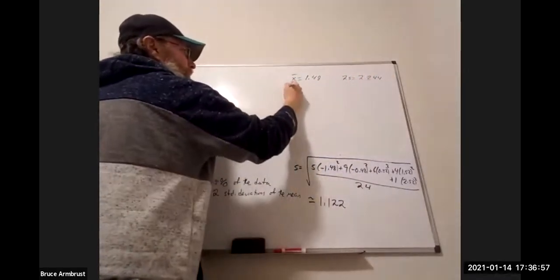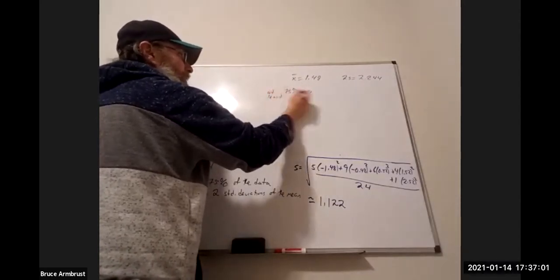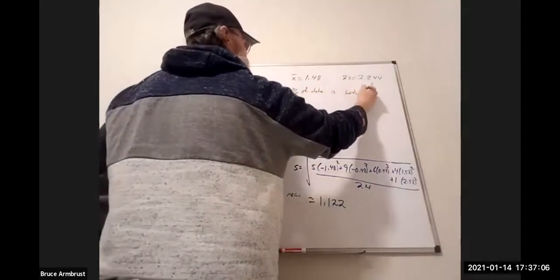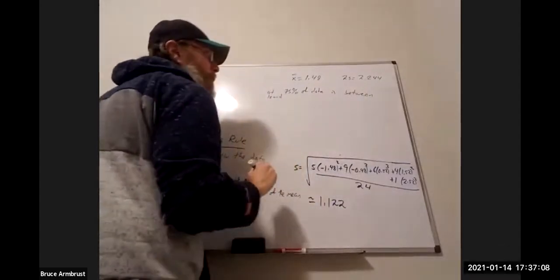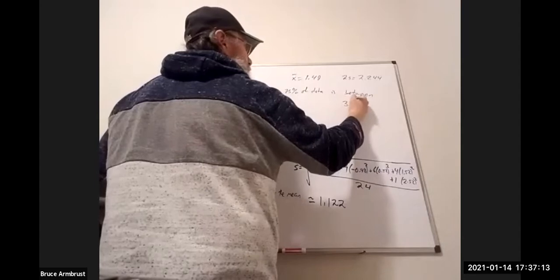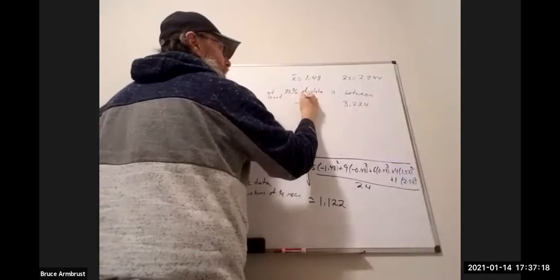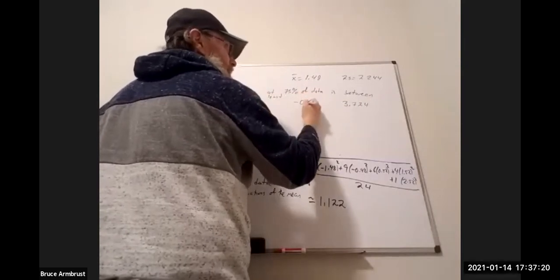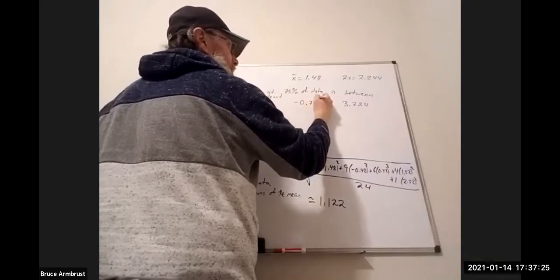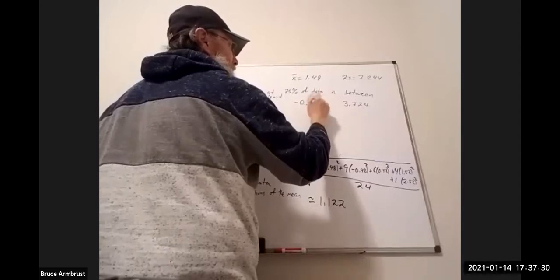So I know at least 75% of the data is between, well, on the high side, I'm going to have 3.724. And on the low side, I'm going to have negative 0.766436.